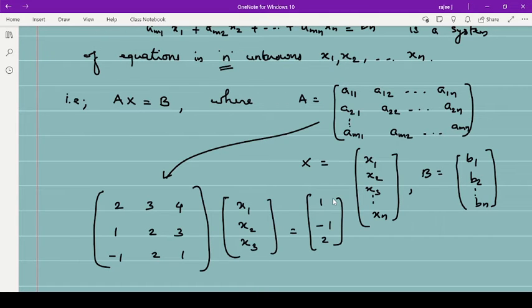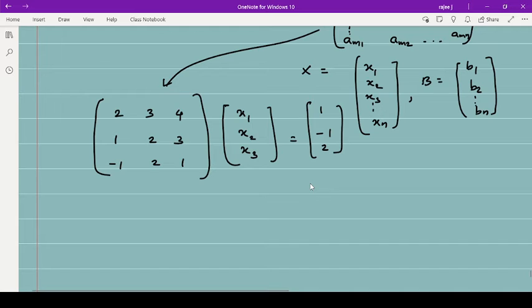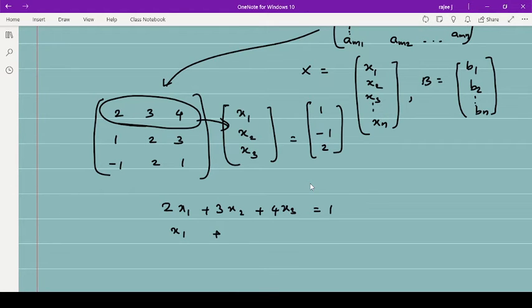When I write it in equation form, it becomes 2x1 plus 3x2 plus 4x3 equal to 1. This is multiplied out as: second, 1 into x1 plus 2 into x2 plus 3 into x3 equal to the right side, minus 1.